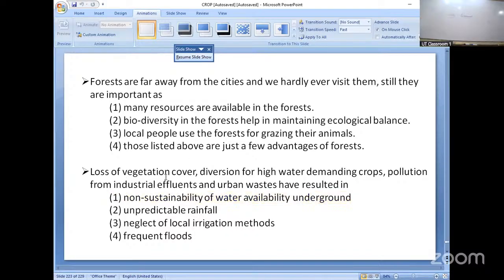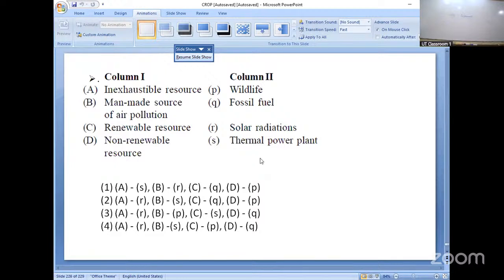The loss of vegetation cover, diversion of high water demanding crops, pollution from industrial effluents and urban waste have resulted in non-sustainable water availability in the ground. Yes, ma'am.